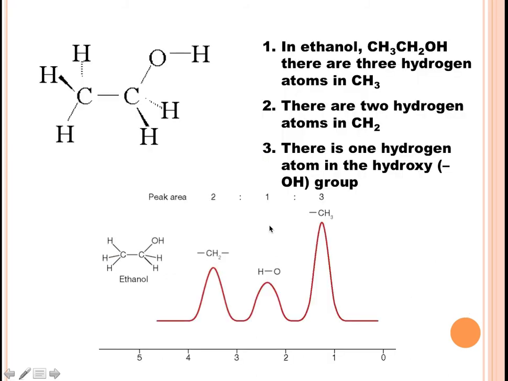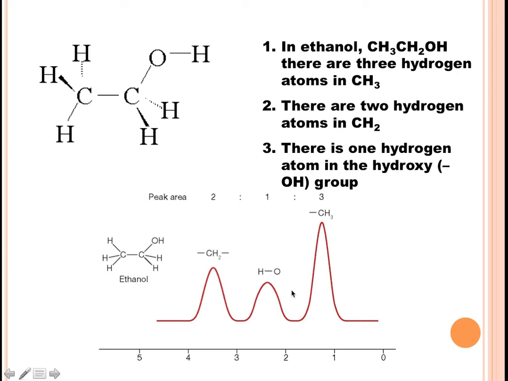In something like ethanol, we've got 3 different hydrogen environments. We've got this CH3, there are those 3 hydrogens there, which is going to give us this peak here. And notice here that this is a more spread out peak. Sometimes you see it like that. We've also got the CH2, and we've also got an OH. So we've got 3 in a 3 to 2 to 1 ratio.